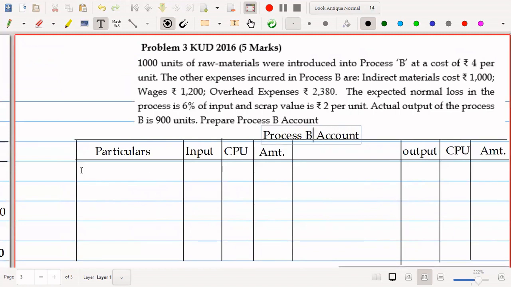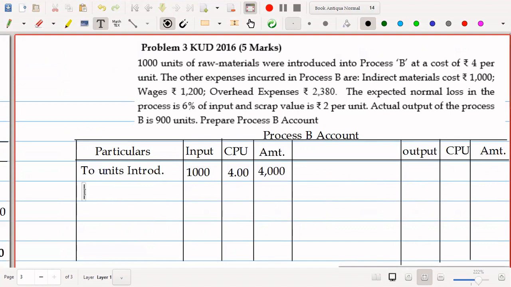So let us take an entry, whatever is given in the problem, quickly. Write here, to units introduced. What was the units introduced? It was 1000 units. What was the amount? 4 per unit, that is 4 per unit means it comes to 4000.